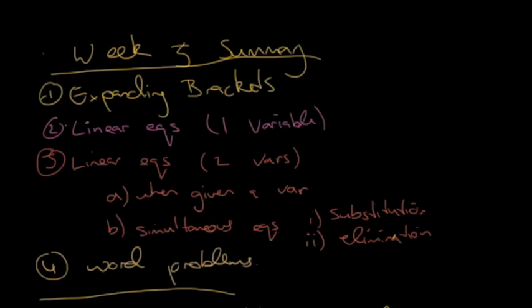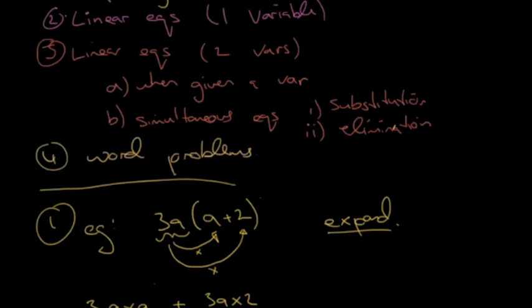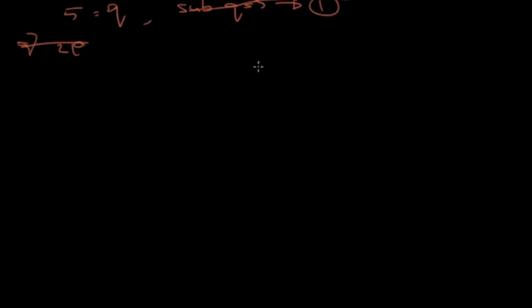Okay, so that was linear equations, two variables. When we're given a variable, now we're going to look at simultaneous equations. So that's B. B, simultaneous equations. What are simultaneous equations?